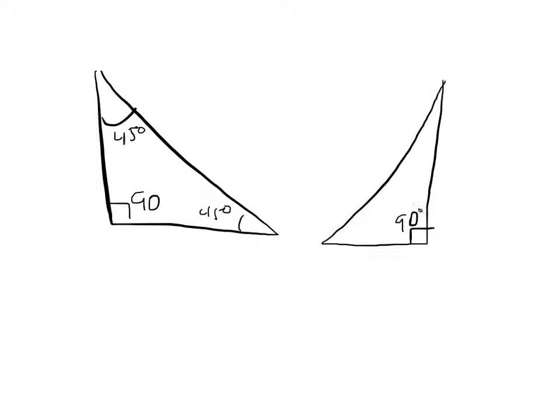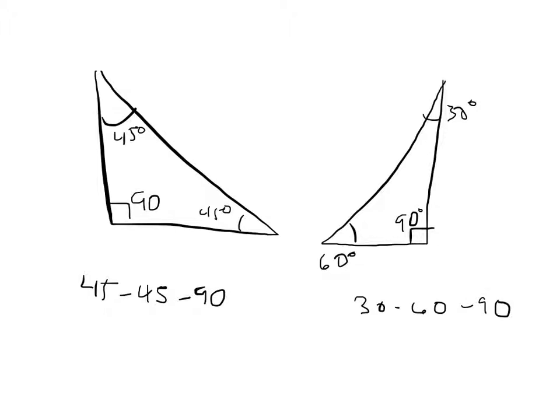That would be 90 down there. The smaller one would be 30. The larger angle would be 60. So we call this a 45, 45, 90 triangle, and this one we call a 30, 60, 90 triangle. So we'll need to get used to hearing those names.